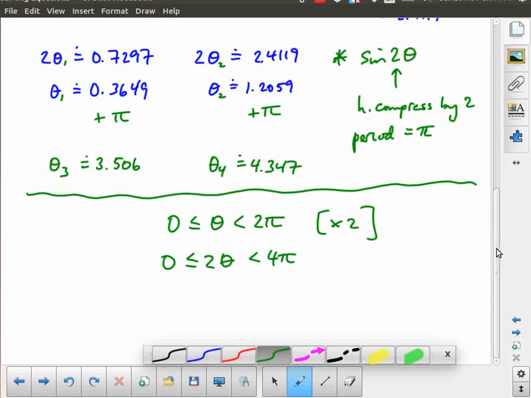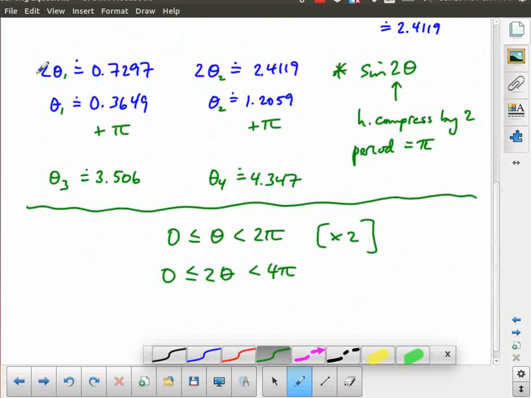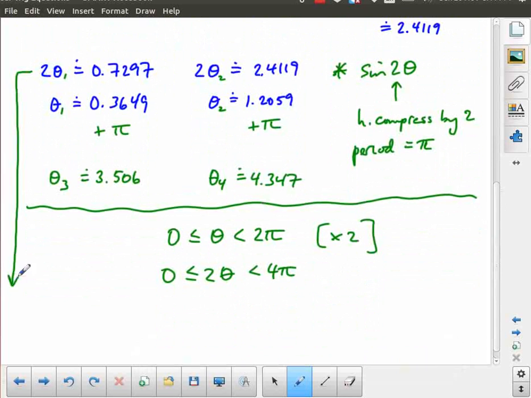Now the way I would do it then is I would start here with this 2 theta, and I would add 2 pi to that one, and I would take this value of 2 theta and I would add 2 pi to that one, and then to solve for theta I would still divide by 2. I think that for where you should be right now, this way should make the most sense logically.